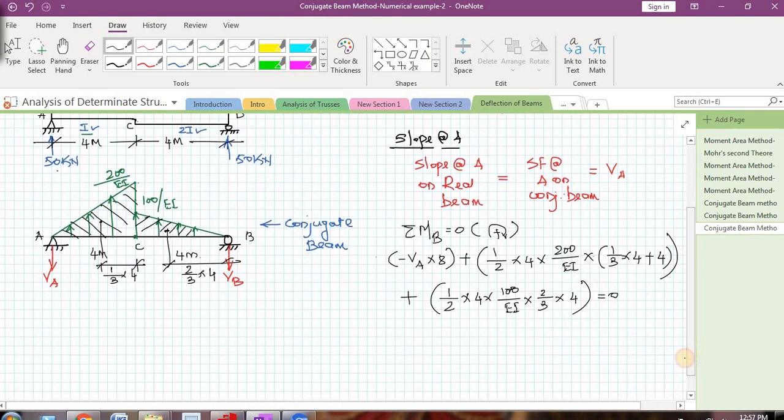So the only unknown here is VA, which you can solve, and you will get the value of VA as 333.33 by EI.